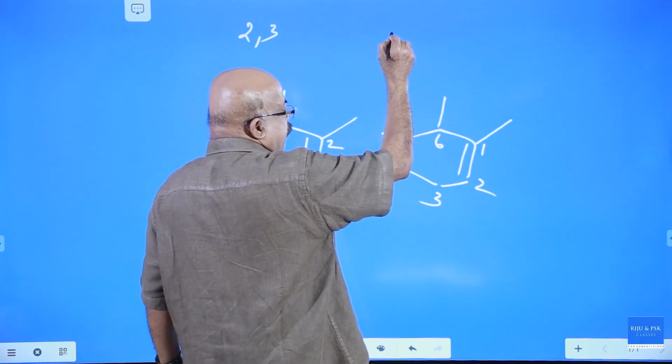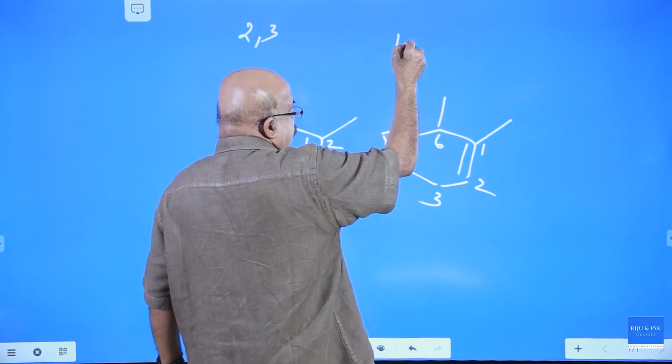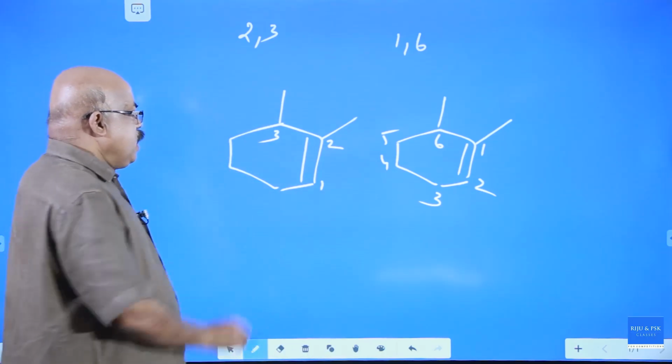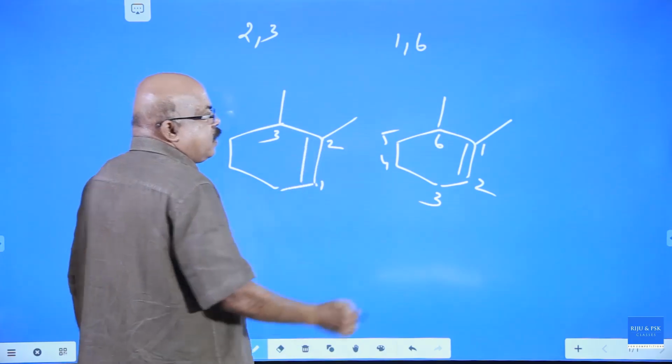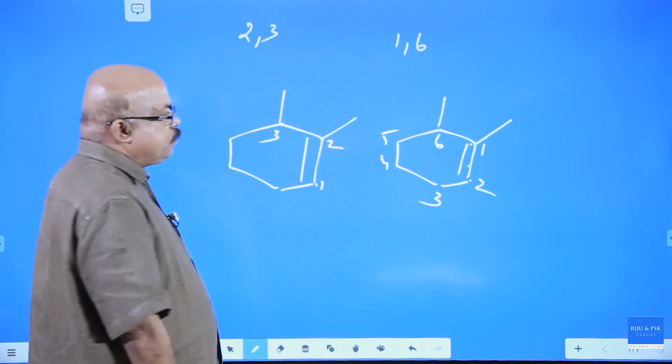Here the locants are 1 and 6. In either mode of numbering, the double bond is between first and second. No change in that case.